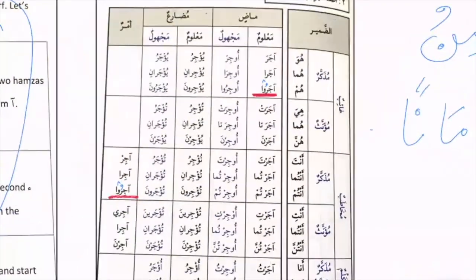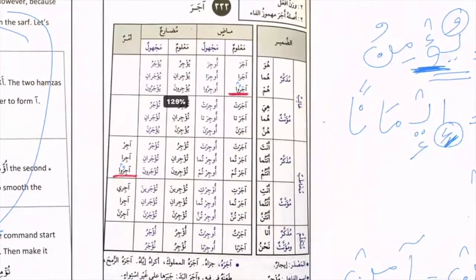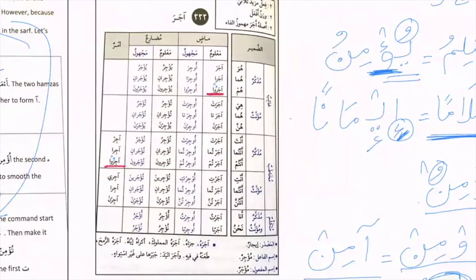So you can look over here at this fi'l. Ajara, same, this is hamza, jim and ra. This is the root letter. And when it goes to family 4, then it's going to be ajara.